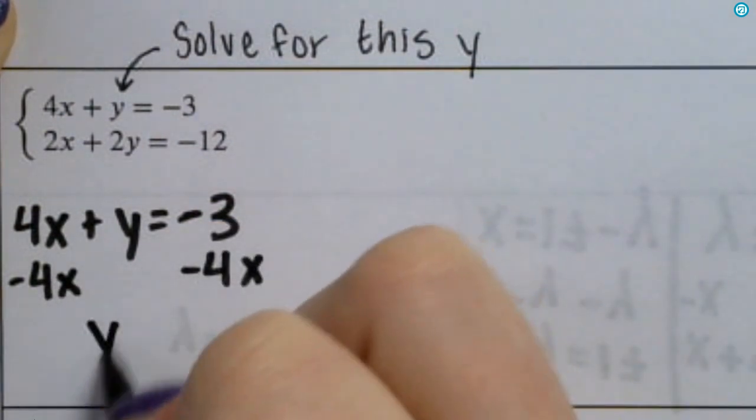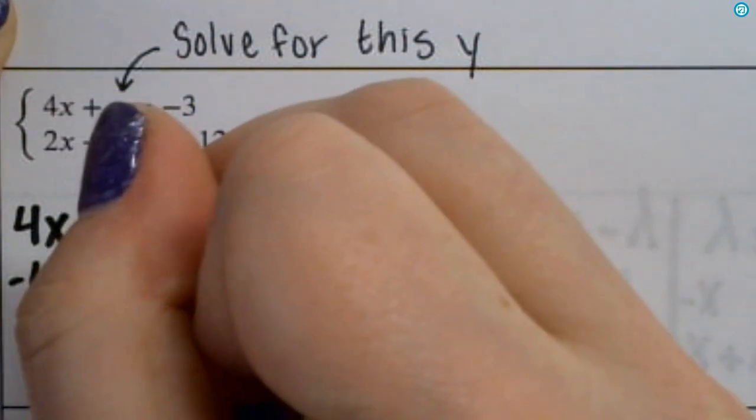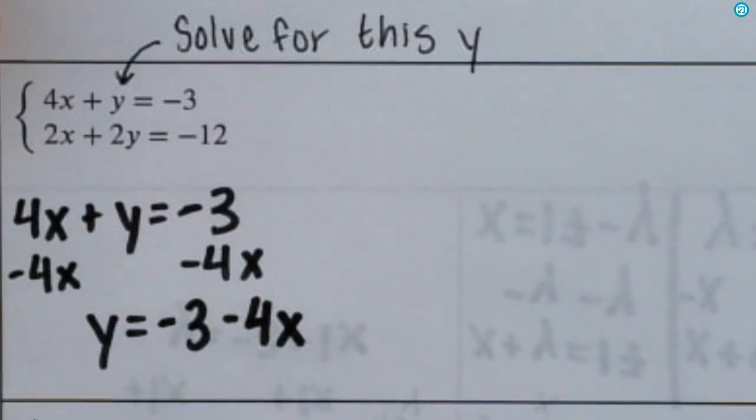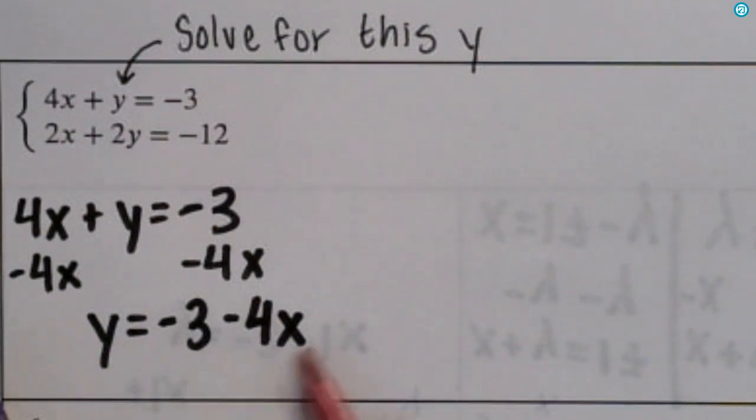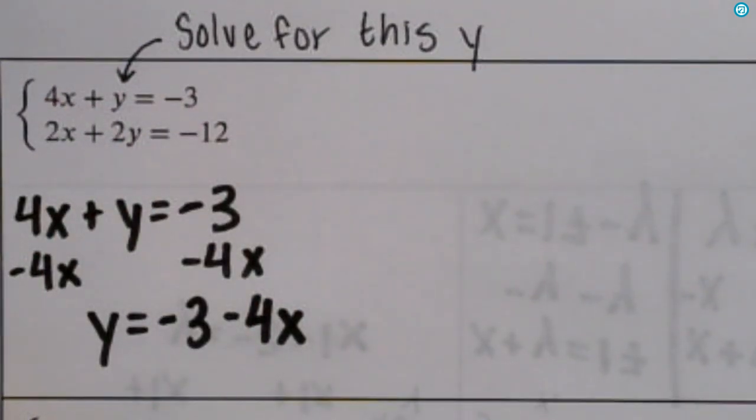And I will end up with y equals -3 minus 4x. Okay, so now this equation is equivalent to our old first equation. We've just rearranged it.